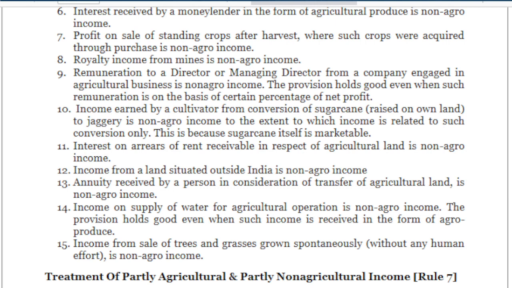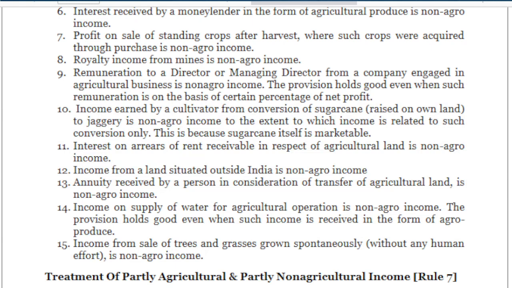Suppose in one agricultural land there is proper water facility and in the other agricultural land there is no water facility. So the person sold the water to the other farm also and charged some money as rent for the water. So in this case, the rent for water or the charges for sale of water is non-agricultural income.